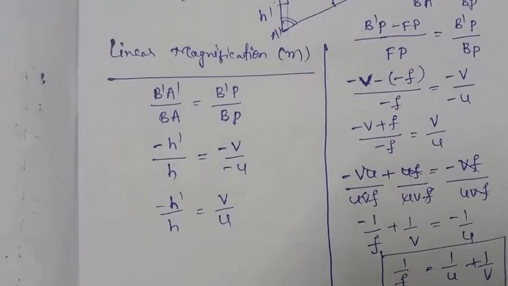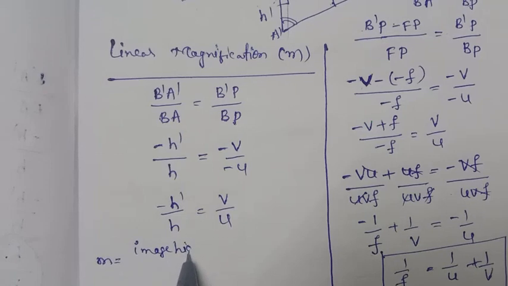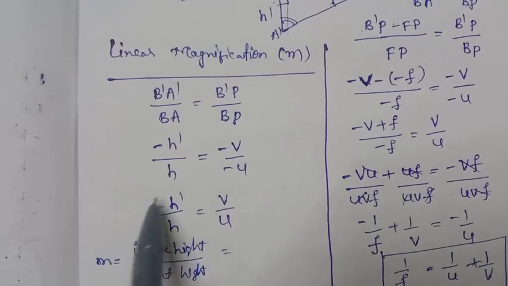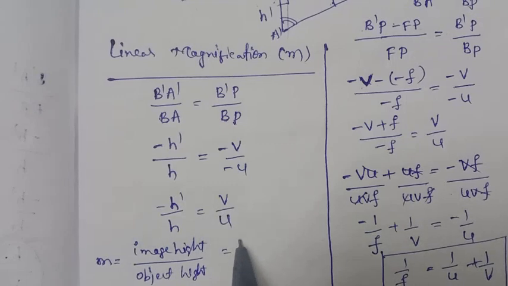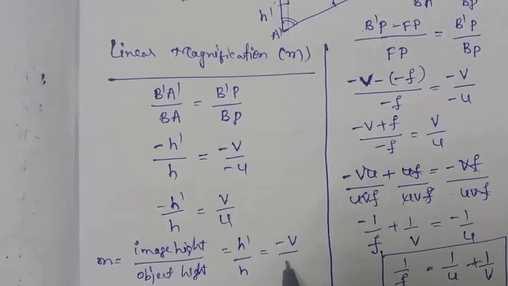But what is the definition of the linear magnification? It is the ratio of the image height to the object height. From this, what is the value we are getting? If suppose this minus you have to take on that side, that's why h dash by h is equal to minus v by u.